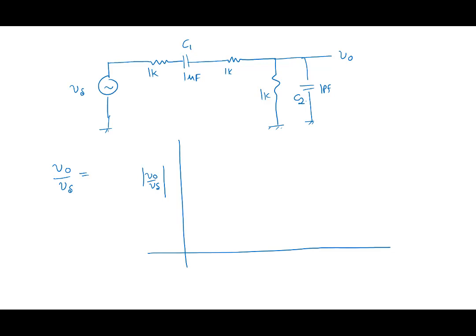So what is C1 doing? Is it causing a high pass or a low pass? High pass? Agreed? C1 is causing a high pass behavior.